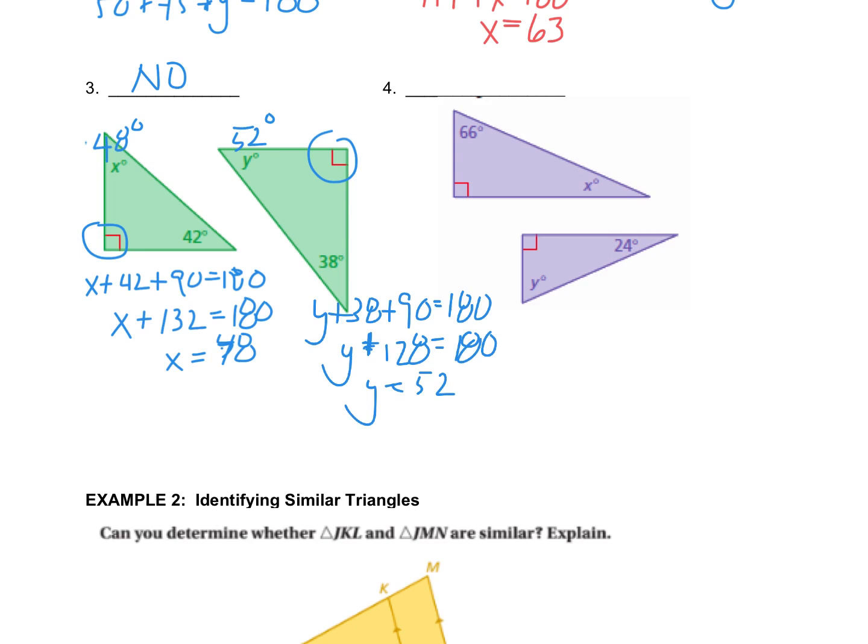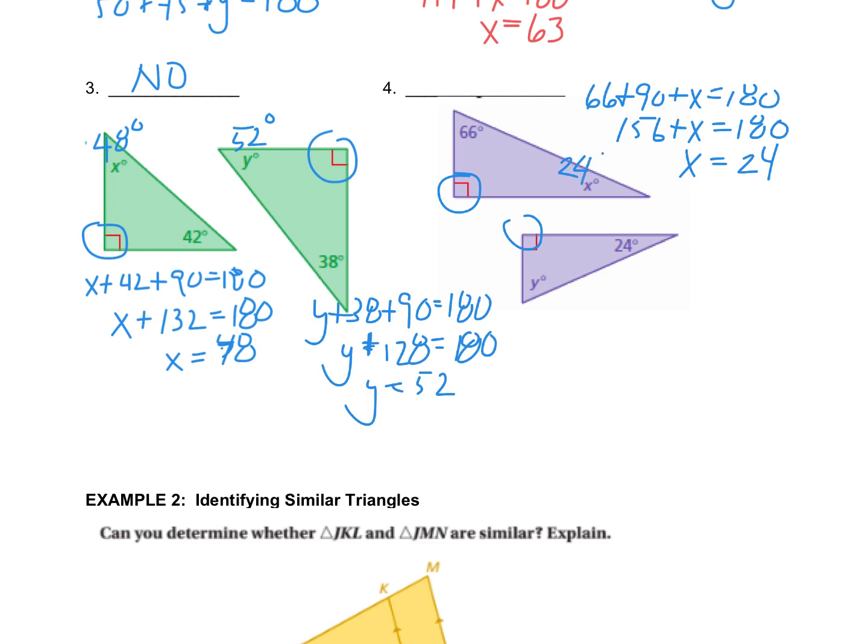And in the last one, again, we have the two 90s that match. Let's solve for the others. 66 plus 90 plus x equals 180. That gives me 156 plus x equals 180. So x equals 24. I feel like we have a match here, but let's just prove it.